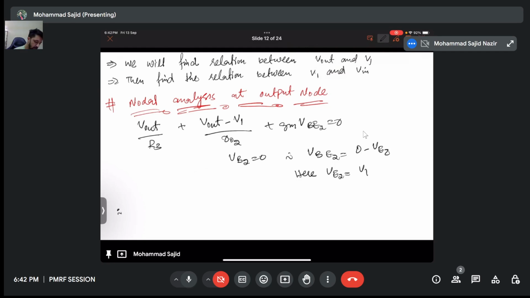Therefore, it will be V output by R3 plus V output by R02, minus V1 by R02 plus V1 Gm. I'm writing Gm because both the Gm will be same. So this will be GmV1.